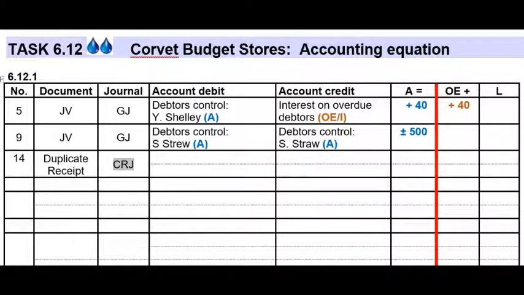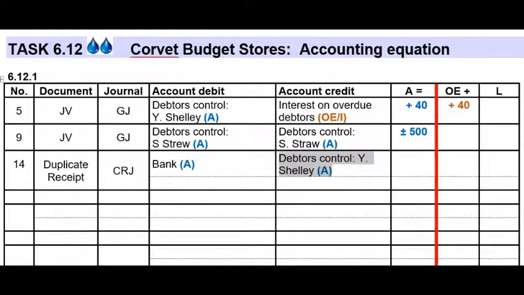Bank will be debited because we are receiving money from her, and her account will be credited because she's paying us back, so debtors control decreases. The value that she's actually paying was that 819 Rand. Both of them are assets, so it will be plus minus 819 in assets.